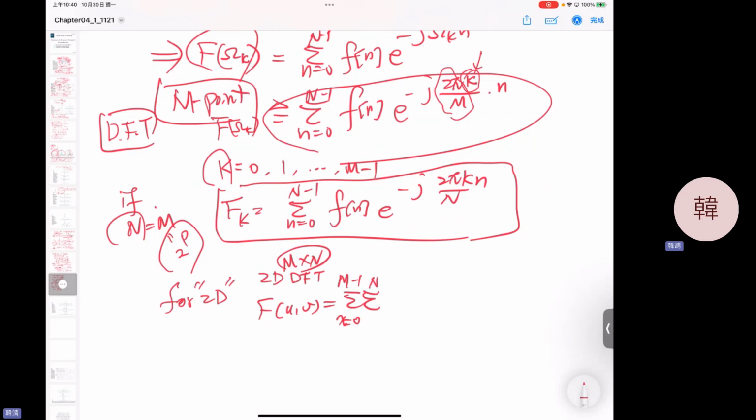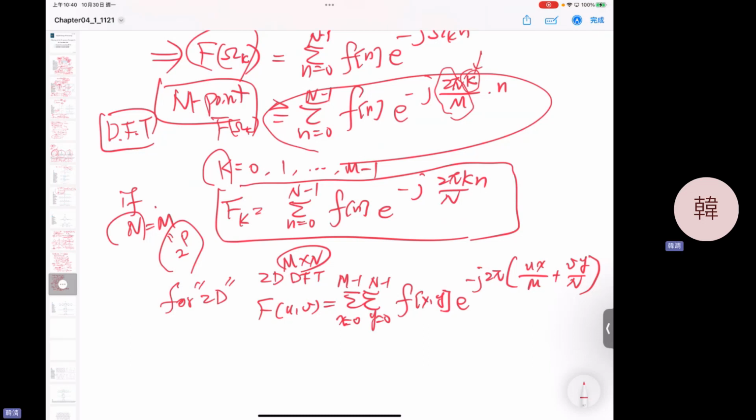So m minus 1, y from 0 to n minus 1. So it's your image here, m by n. So it transforms into the discrete Fourier transform result. Like this one, your f of x, y in the spatial domain, and then times e to the minus j 2 pi, (ux over m plus vy over n). That's it.